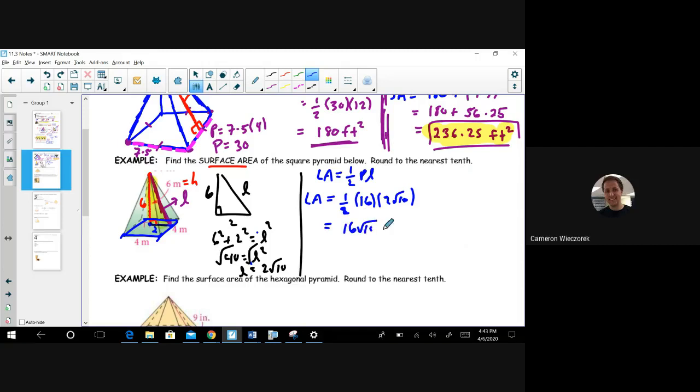But I'm not done because they actually wanted the total surface area, so that at least gives me the lateral area. Now I'm going to do the total surface area. Well, that means I'm going to need the lateral area plus 1 base's area. There's only 1 base. So 16 rad 10 plus the base area, in this case, capital B, is a square, so just 4 times 4.